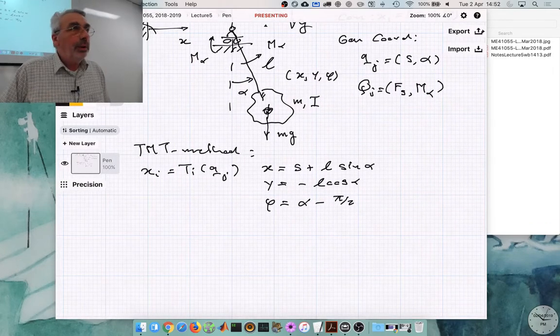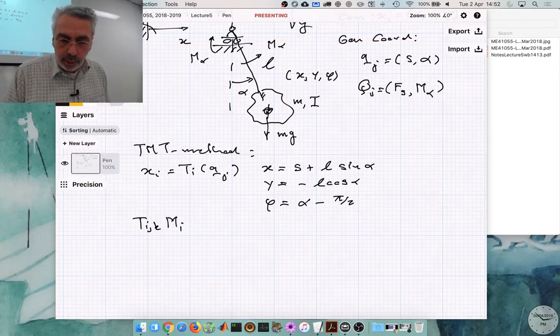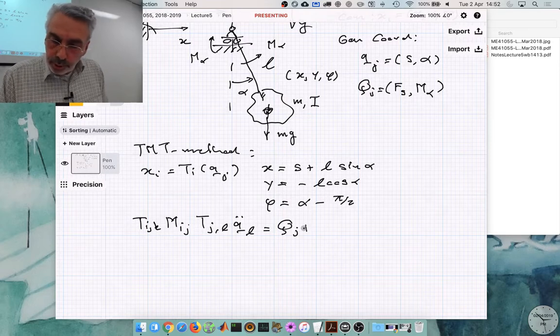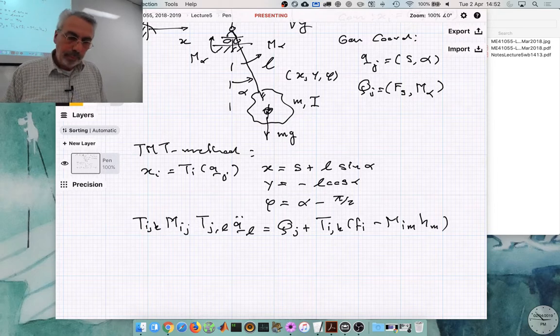Okay, what do we need for the TMT method? Now let me again repeat the equation. So we need T_ik times M_ij, T_jl, q_l double dot, that's the l, and this j goes with that one. And that's the generalized forces, Q_j, plus the T_ik, F_i, minus M_ij, and let me call h_m to be that short.